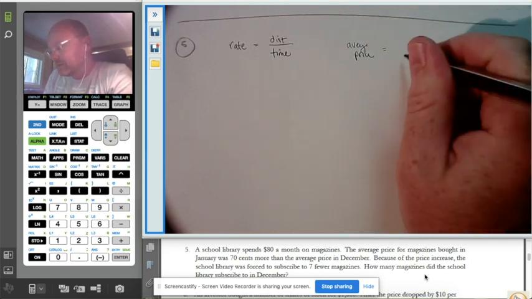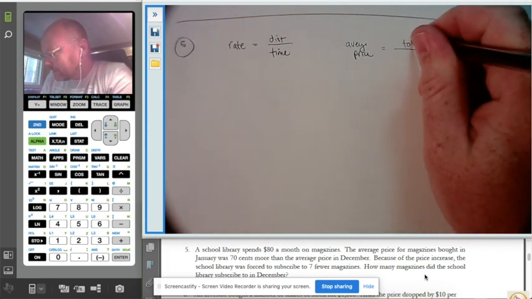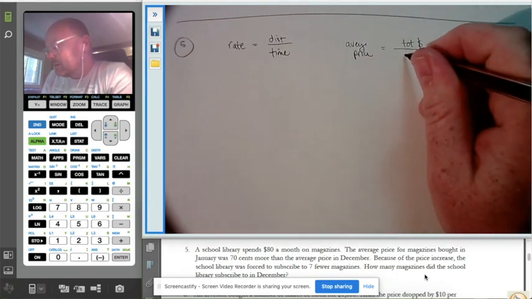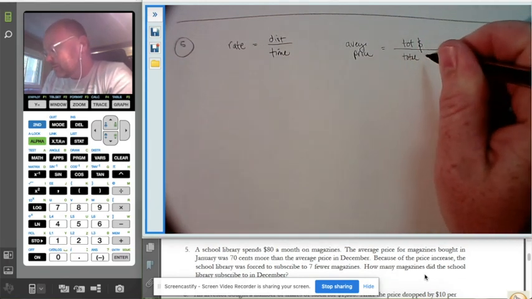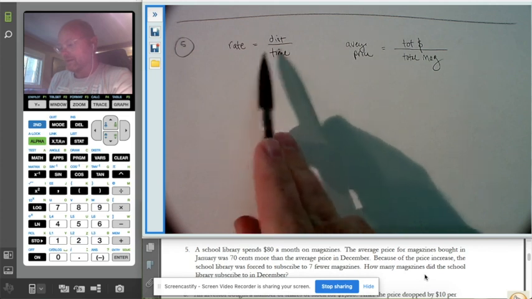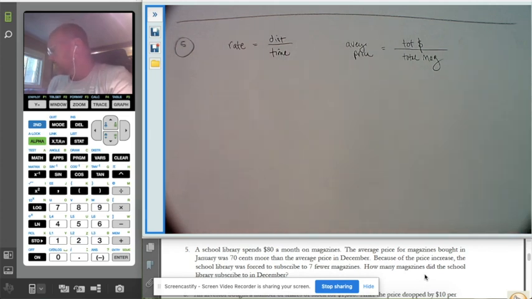Well, that's a rate, but it's not distance over time. It's the total amount of money that you spend divided by the total number of magazines. So it's still a ratio. And what's going on is there's basically a price increase.